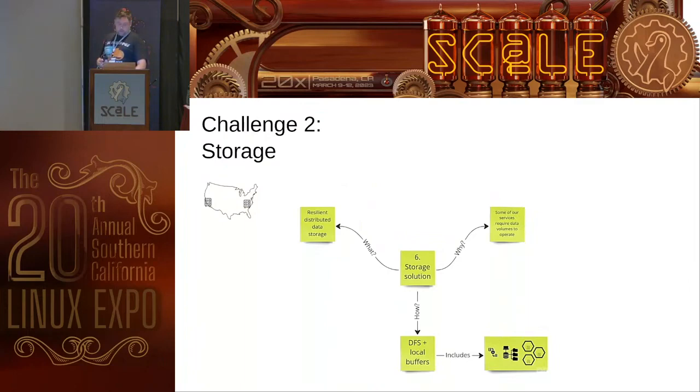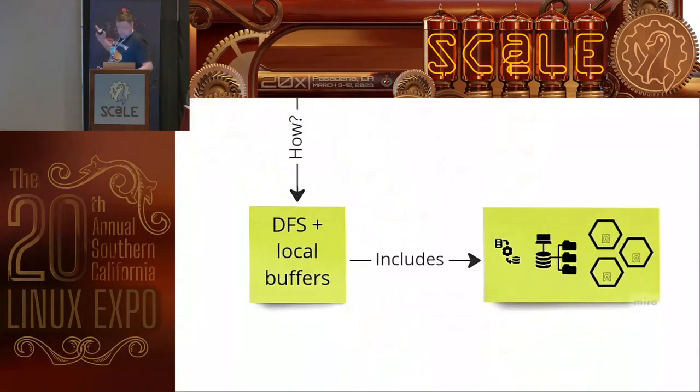Another challenge is data storage. Again, we have these distributed data centers, and we want to share data between them, obviously. We went with Ceph. I mean, this is still work in progress, and the storage is provided by the San Diego Supercomputer Center team.